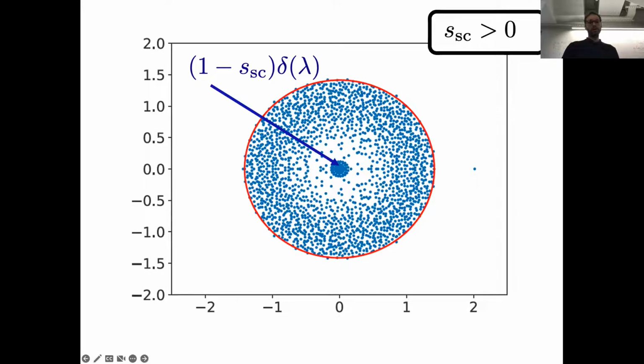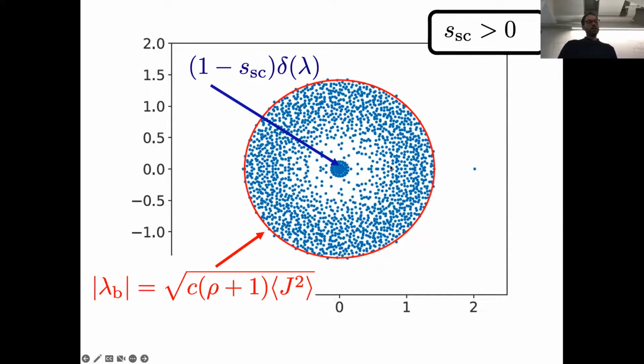Here you see why this must be greater than 0. If this is 0, then the delta peak will be 1, and everything is concentrated in the center. Then there is this circle. You see that all eigenvalues are confined in a circle. We can characterize analytically the radius of the circle.